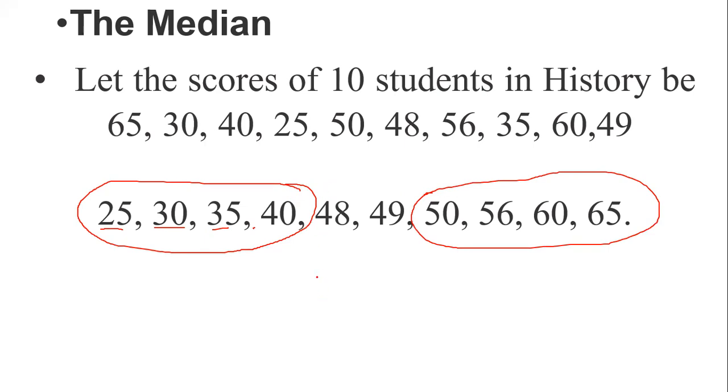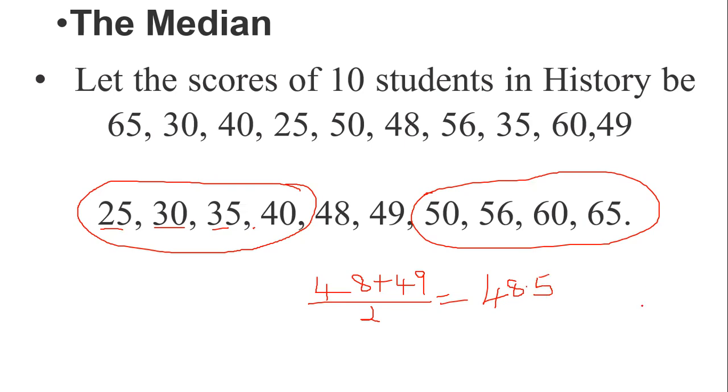So these 2 numbers, 48 plus 49, we divide by 2 to get 48.5 as your median.